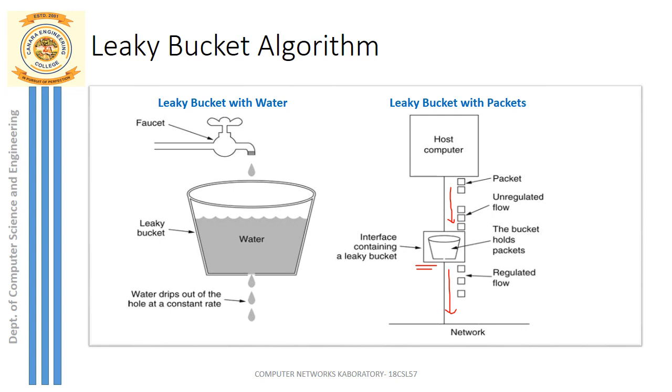This bucket will have some size so that it can hold some of the packets temporarily inside the buffer. This is the simple concept to convert an unregulated flow of packets into a regulated flow of packets in order to control the congestion in the further network.